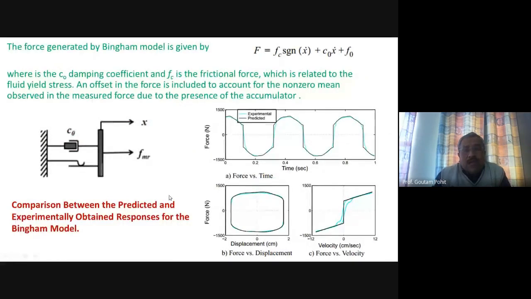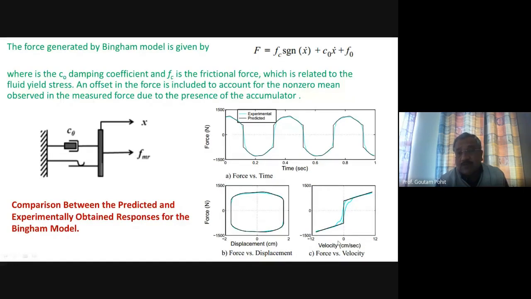Now, if you see the comparison between predicted and experimentally obtained response for the Bingham model, see the blue color is the experimental result: force versus time, force versus displacement, and force versus velocity. Now you see that for force versus time, it's fairly matching. Force versus displacement is almost matching, but there is a deviation in the force versus velocity.